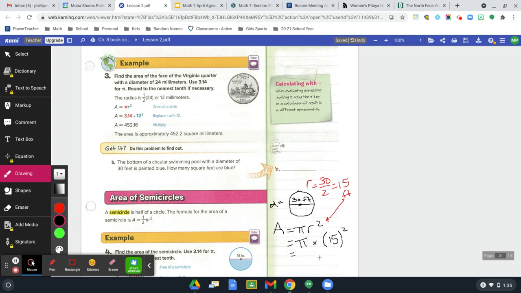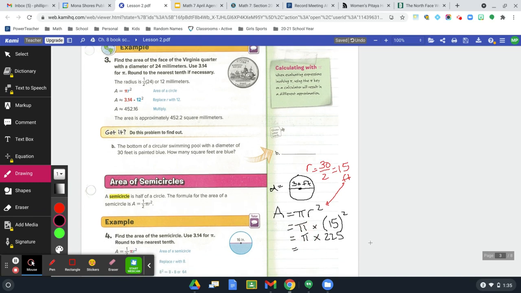Now I said you have to use order of operations, right? So that means we need to do 15 times 15 first. 15 times 15. So square that number, multiply it by itself, and you should get 225. Now we're going to multiply that by pi.